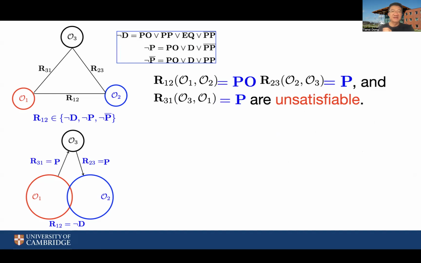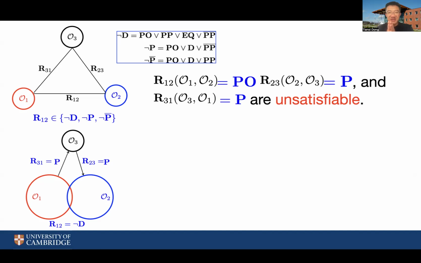This means that from the point of O3, if we take the relation between O1, O3 and O2, O3 as premises, these two premises will be inconsistent with the PO relation between O1 and O2.